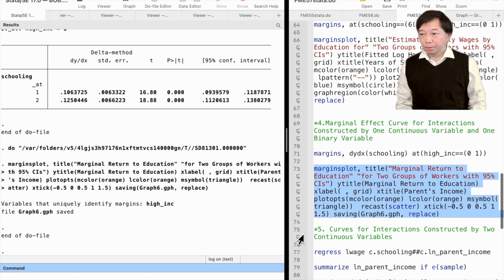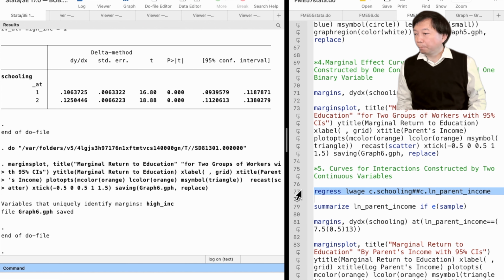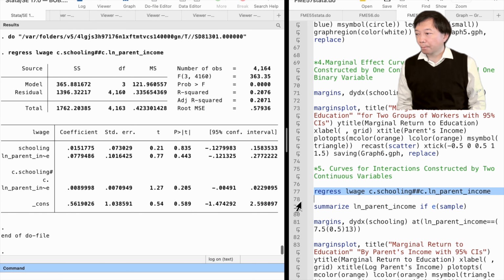The previous example involves one continuous variable and one binary variable. If the interaction term is constructed by two continuous variables, we can still draw marginal effects using Marginsplot. Suppose we use the continuous variable log of parents' income in the model. The double hashtag includes years of schooling, parents' income, and their interaction term into the model.